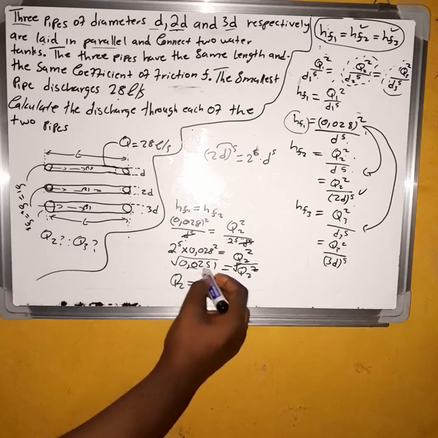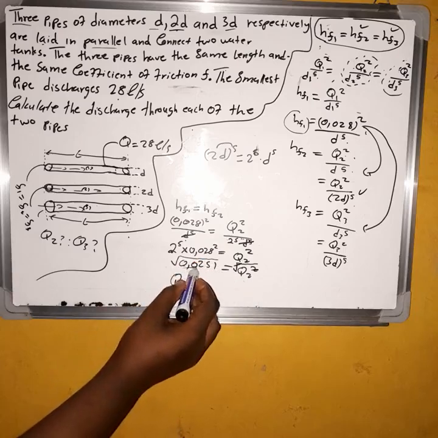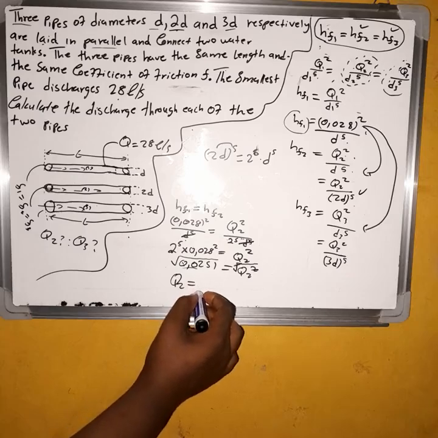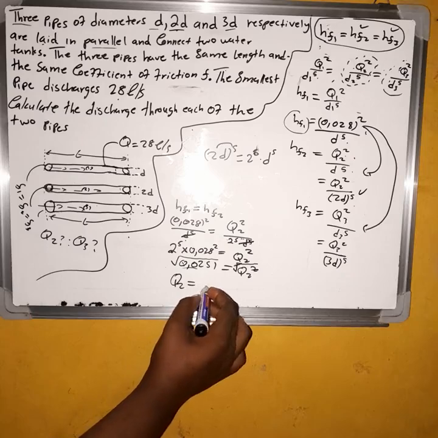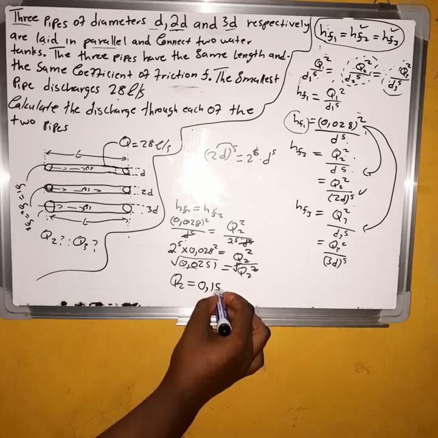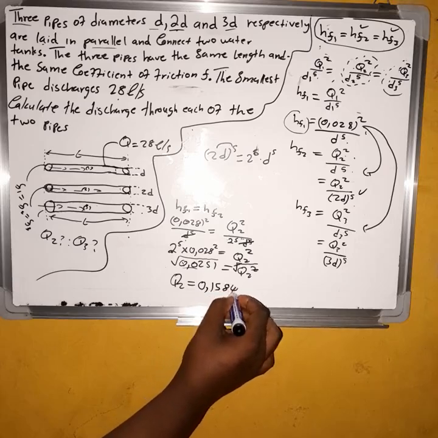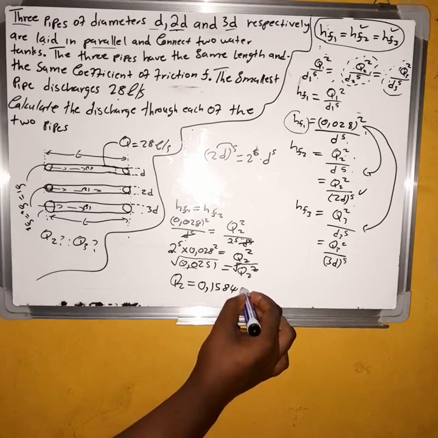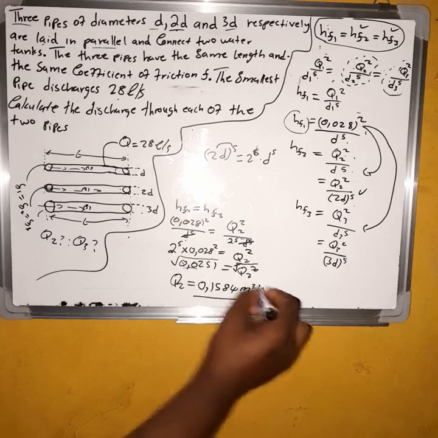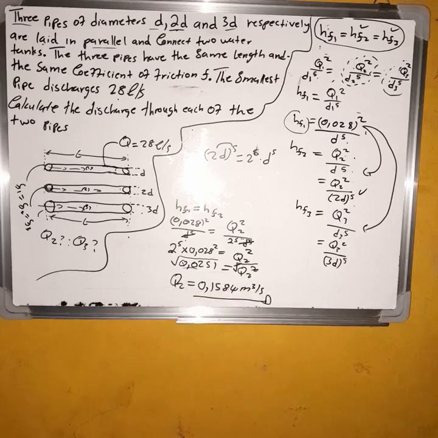Then you punch the square root of 0.0251, which must give you 0.1584 cubic meters per second. You have Q2. Now let us calculate Q3.